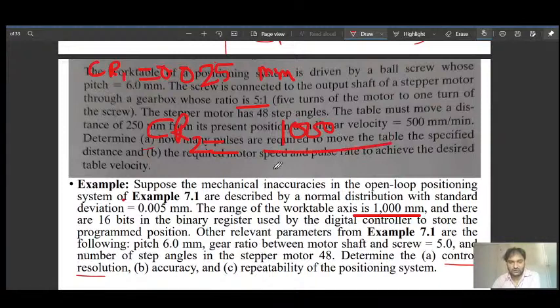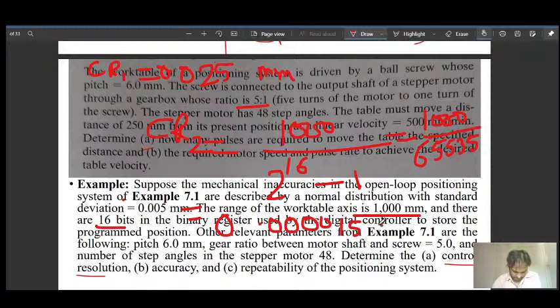So 2 to the power, what is the bit count of the controller? 16. Yes, 2 to the power 16 minus 1, that is 65,535. If you calculate 1000 divided by that value, it comes out as somewhere around 0.00015259.